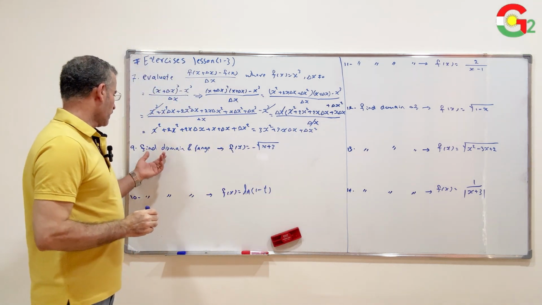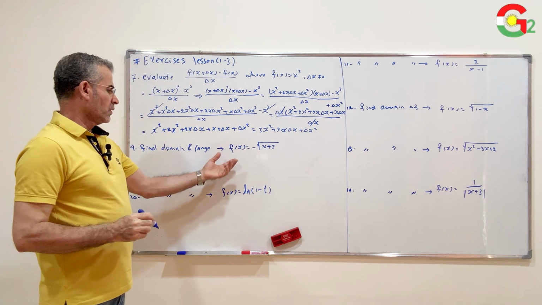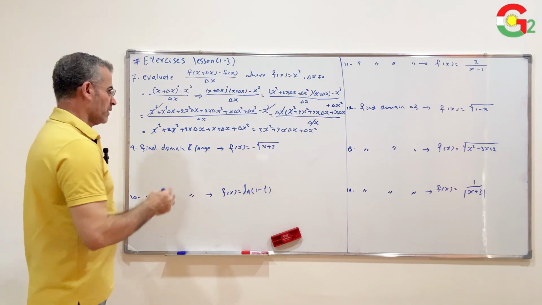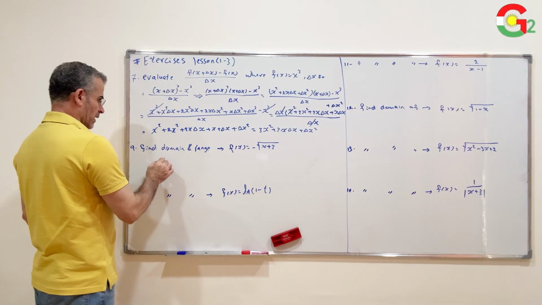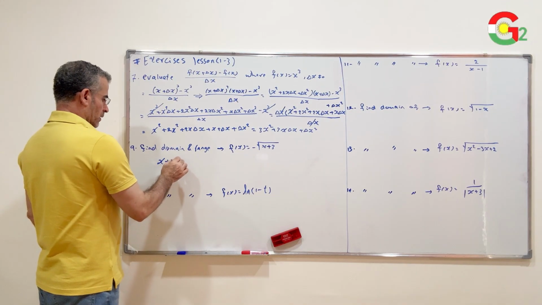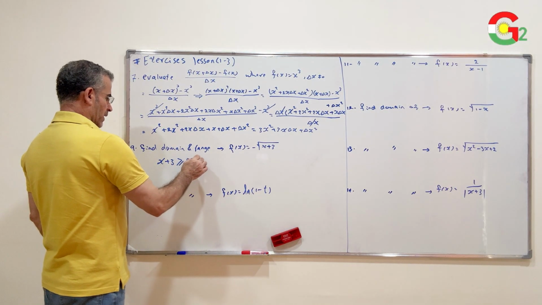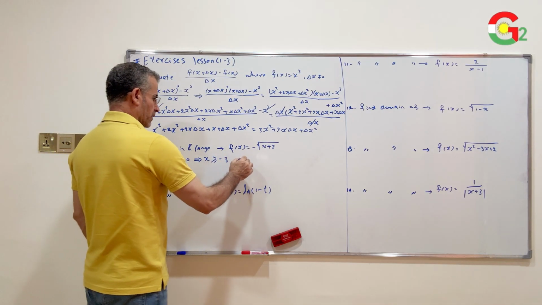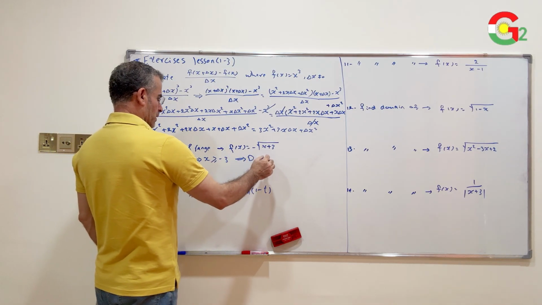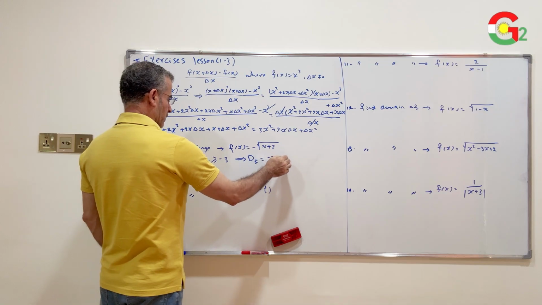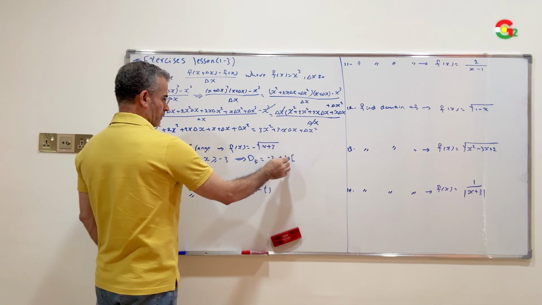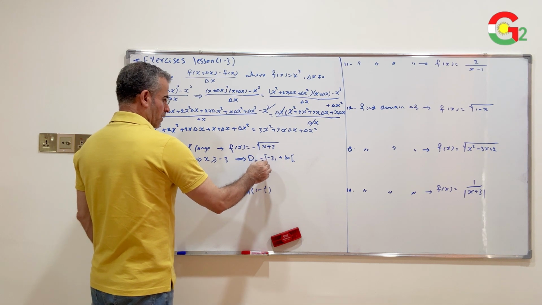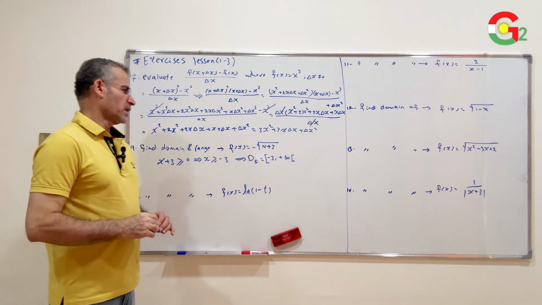Question number 9, find the domain and range of the function f of x equals negative square root of x plus 3. For the domain, set x plus 3 greater than or equal to 0, then x greater than or equal to negative 3. The domain is negative 3 to positive infinity, open on the side of positive infinity, closed on the side of negative 3.